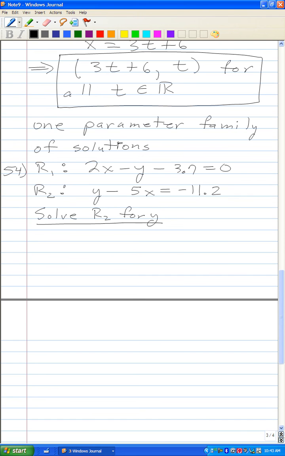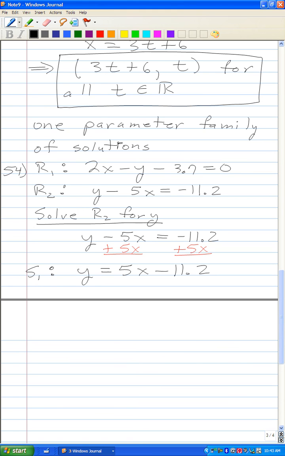Let me add 5x to both sides of my equation. And so y is equal to 5x minus 11.2. Let me call that S1.